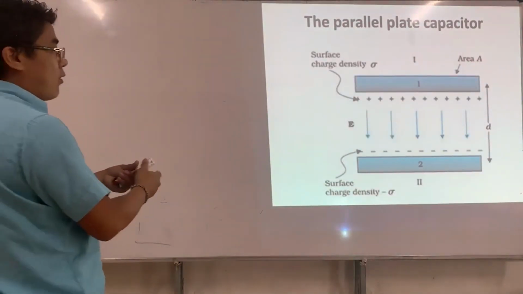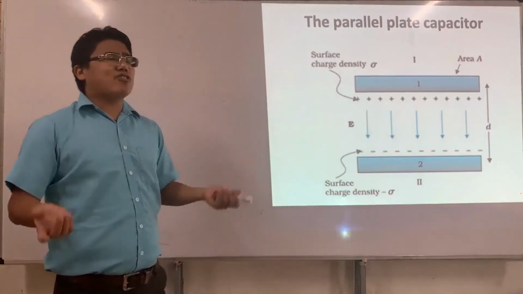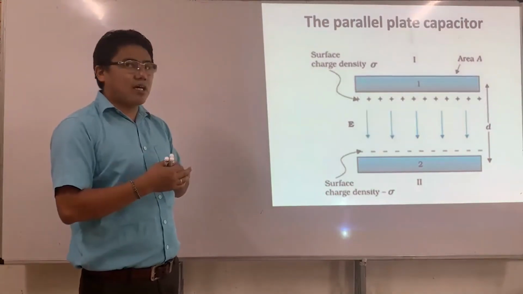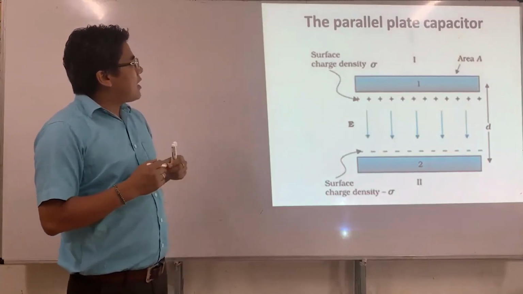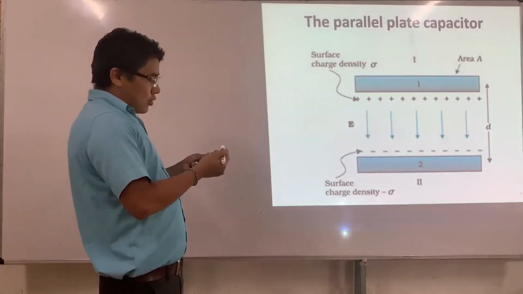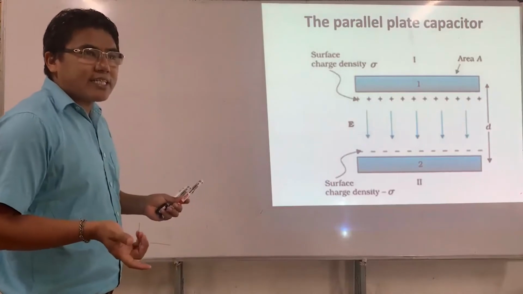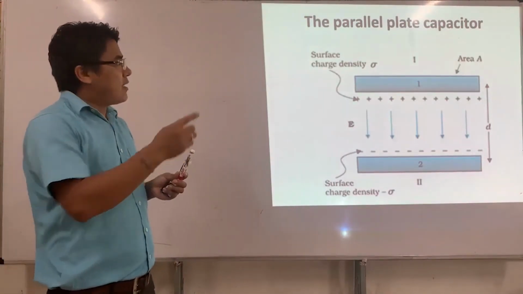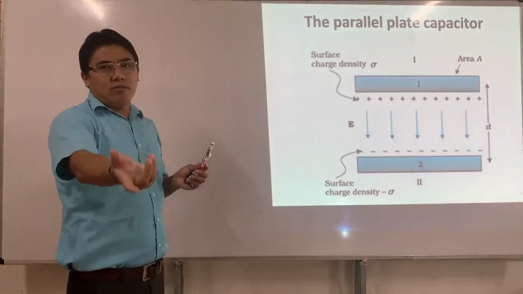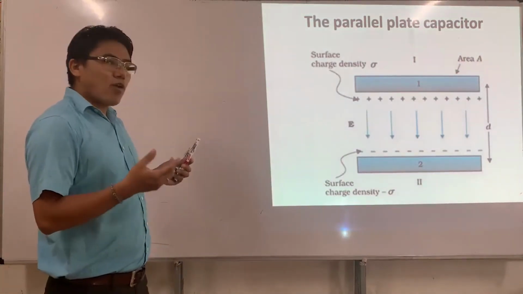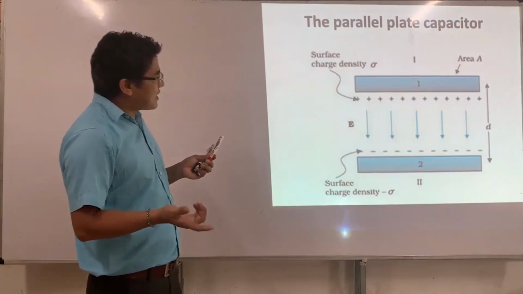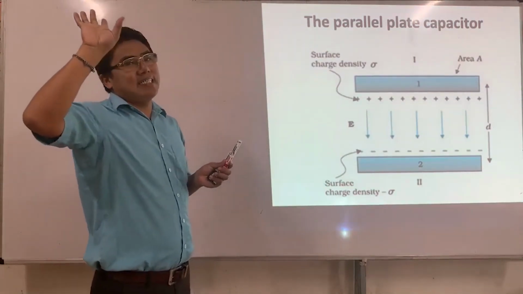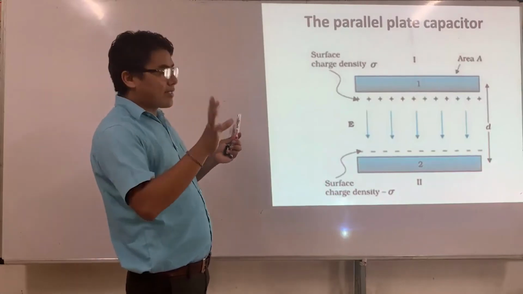We can have different kinds of capacitors, but the capacitor that we are going to discuss in this textbook is the parallel plate capacitor. The aim is to get the capacitance. We say that capacitance does not depend on charge or potential difference. Capacitance depends only on the nature of the dielectric and the geometry of the conductors.